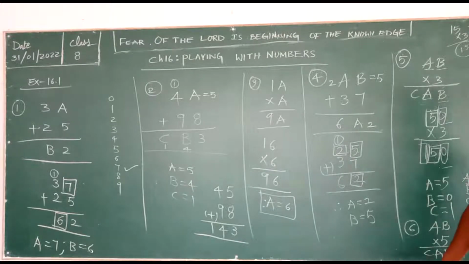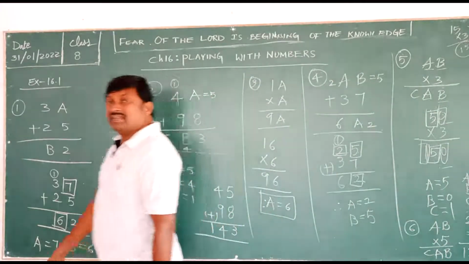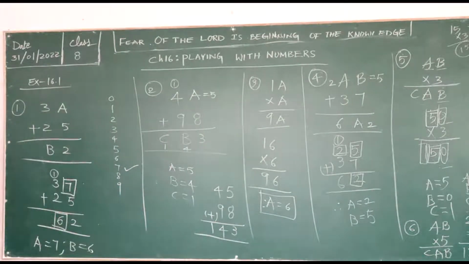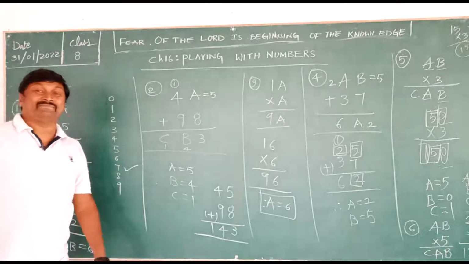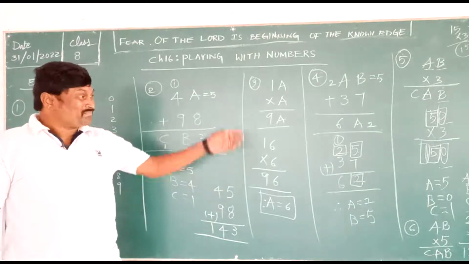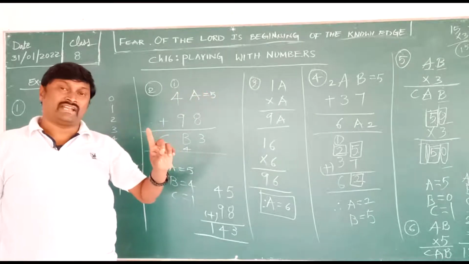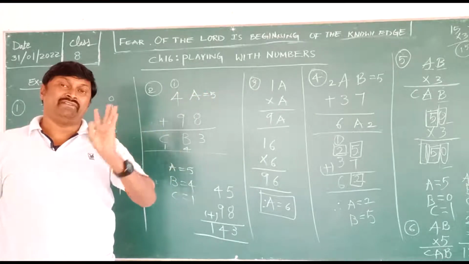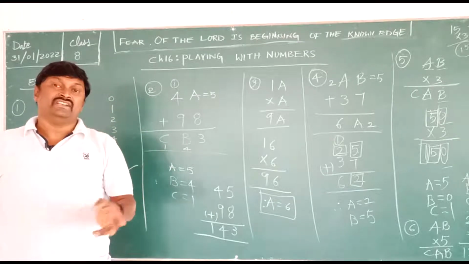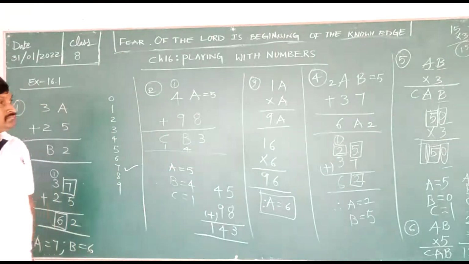Check now whether you got this answer or not. If anyone has any problem, just ask me now itself. Okay, 250. Very good. If you have some problem, in the comment section you just need to type the A, B, C values so that I can understand.